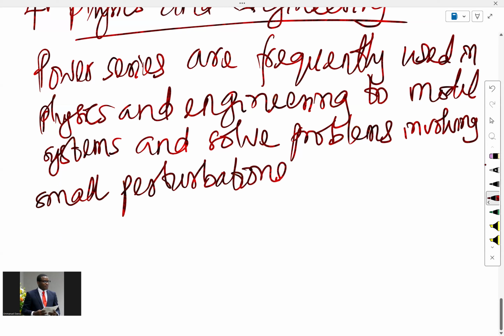I've worked on projects a couple of times where I've had to use things like this, asymptotic expansion or something like that.